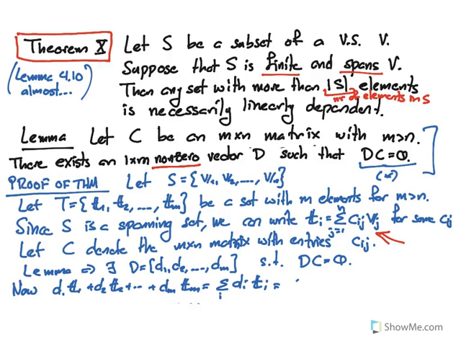So then I get that this is the sum over i from 1 to m of di, and then each ti is the sum over j from 1 to n of cij vj. And now I just need to change the summation orders. These are finite sums, so there's nothing controversial about this.